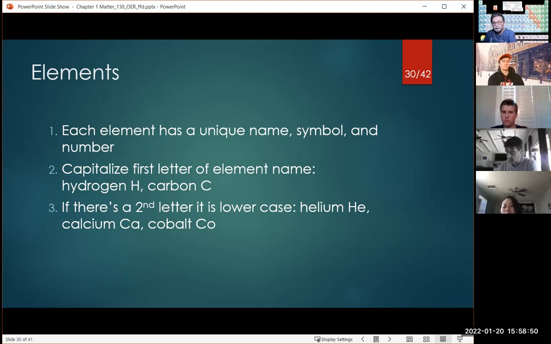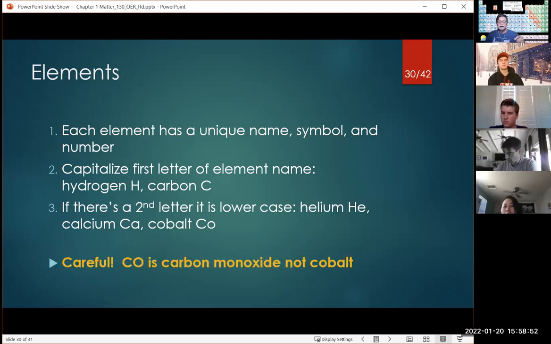Quite important, because if you inadvertently write the second letter capitalized, you have named a totally different species. For example, C lowercase o is the symbol for cobalt. If you write the second letter uppercase, you are designating carbon monoxide.